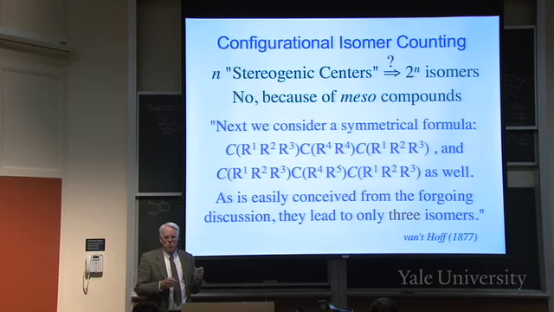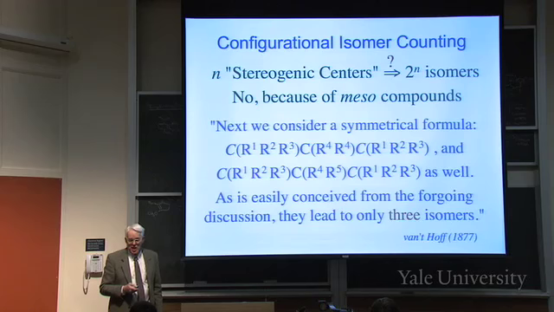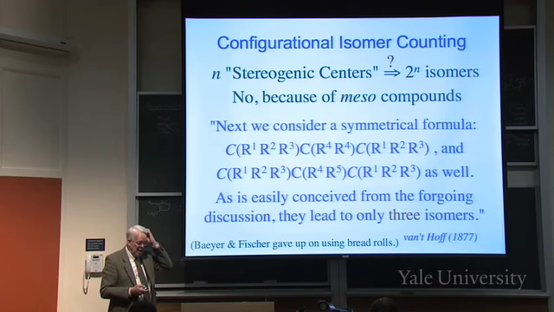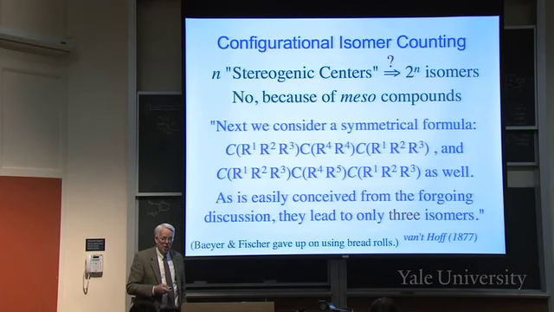So they were sitting at breakfast and they had bread rolls and they had toothpicks. So they started making models of these and trying to count how many isomers. But they ran out of bread rolls, presumably, and couldn't answer the questions. They were completely flummoxed by trying to understand what Van Hoff was saying. So they gave up on using bread rolls, and that is what prompted Fischer to go back and figure out how to make Fischer projections.